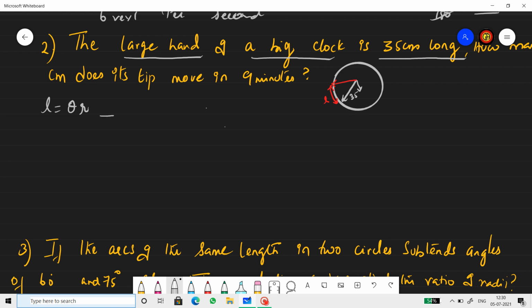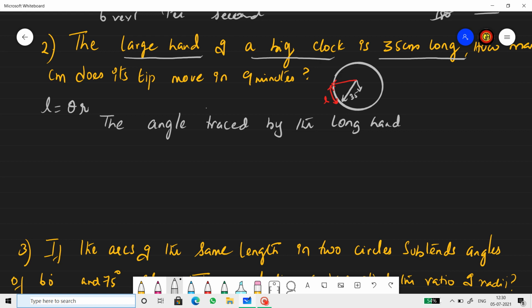The angle traced by the long hand: it makes one rotation in an hour, which means in 60 minutes.